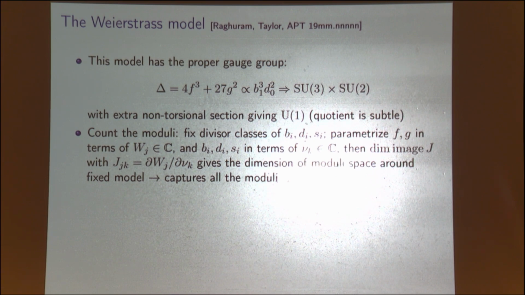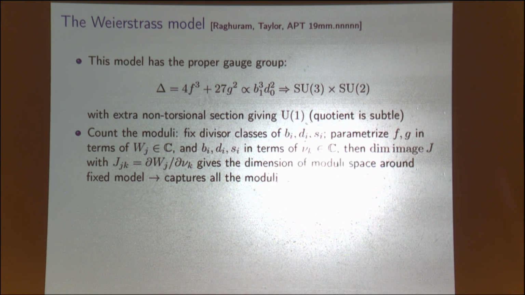Then we parameterize the variables in f and g as some w_j, and parameterize all of the degrees of freedom in the b, d, and s variables in terms of some nu_k. And then the rank of the Jacobian J gives the dimension of the moduli space around that fixed model. Essentially, we're going to a random point in moduli space and then looking at its tangent space and seeing what the dimensionality is. And assuming we didn't get really unlucky with our random choice of these parameters, then this should count the moduli properly.